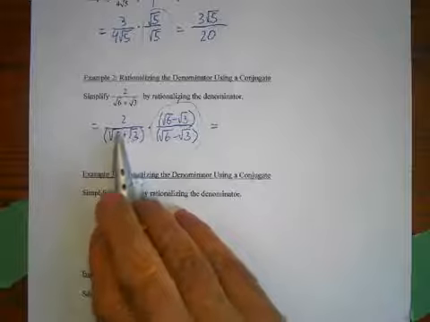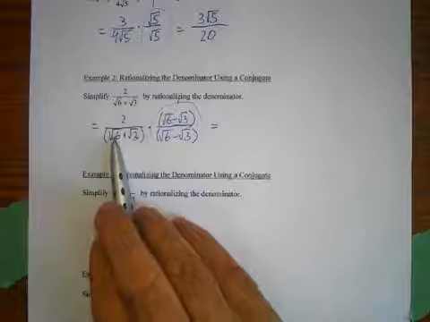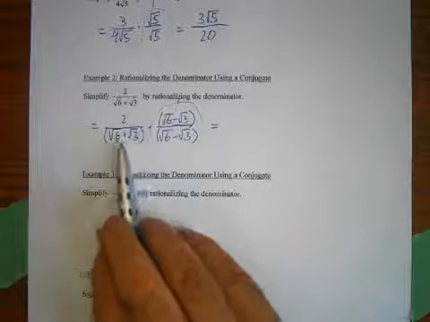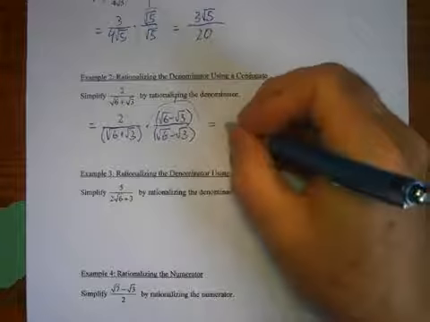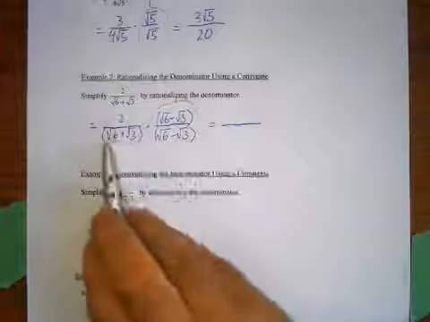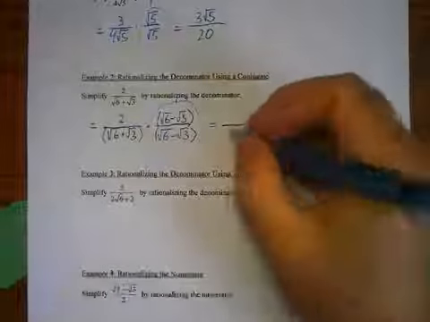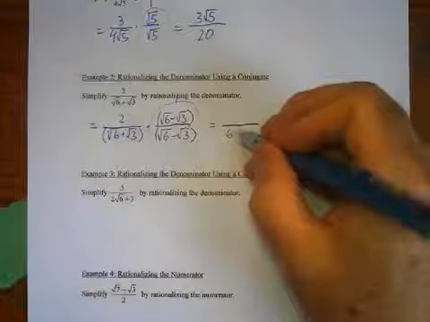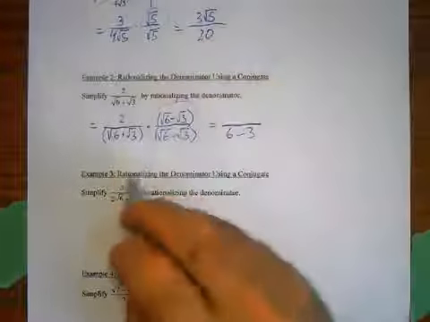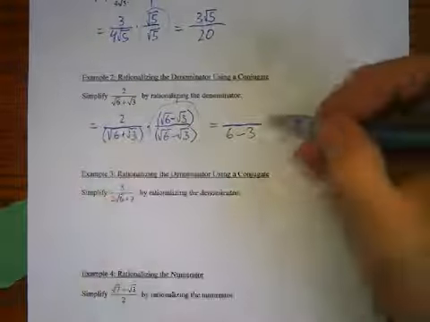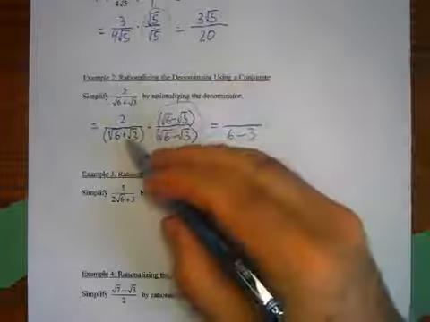Because if you did your FOIL here, you're going to get a minus root 3 root 6, and here you're going to get a plus root 3 root 6. They're going to cancel. So it really just works out to this squared. So root 6 squared is 6, and root 3 squared is 3, but remember it's minus, it's going to be this squared minus this squared, so it's just 6 minus 3. And you can see how that relates to the original binomial.